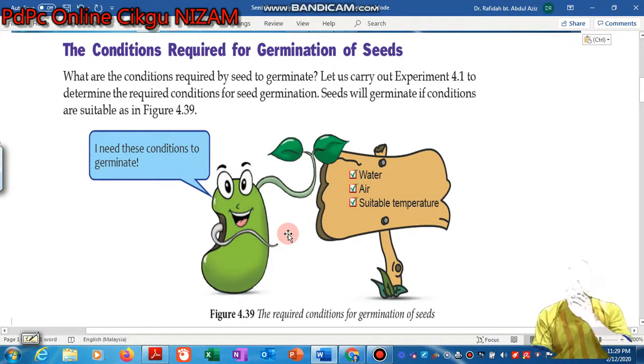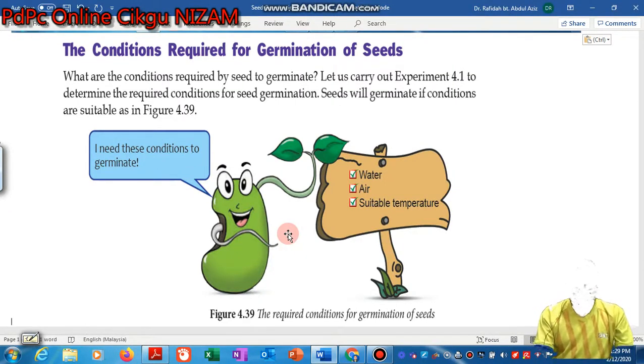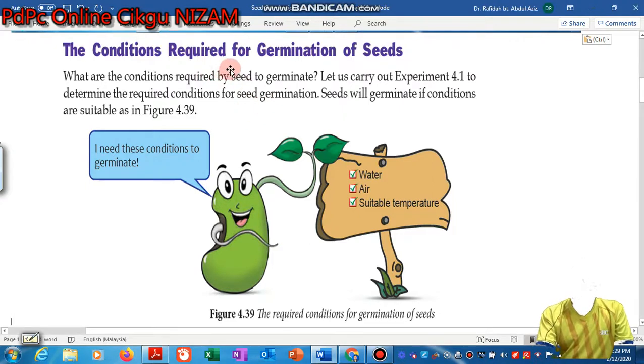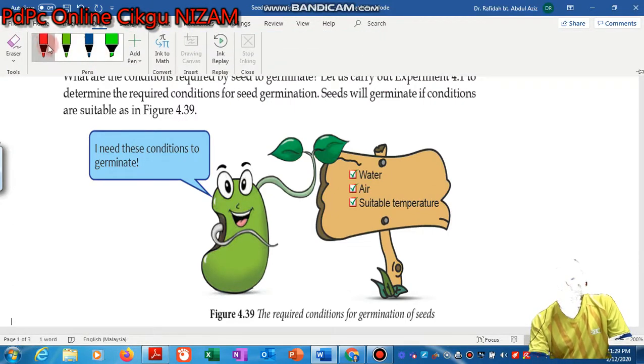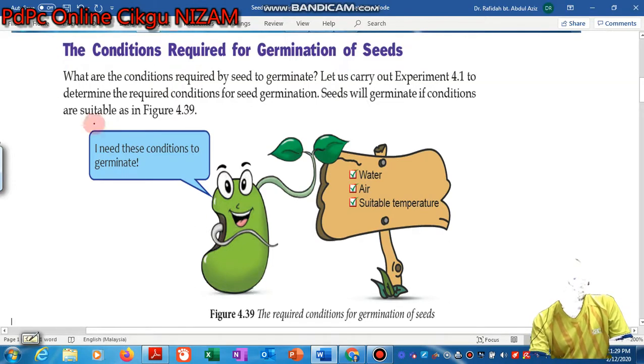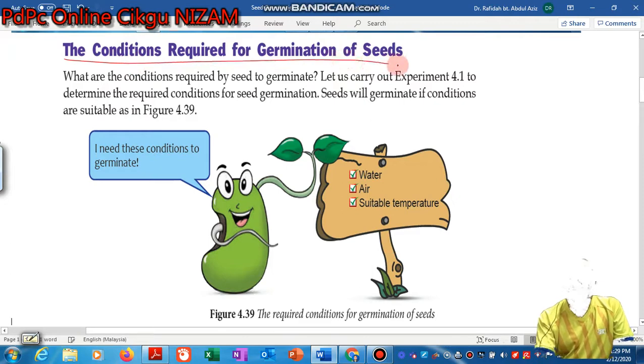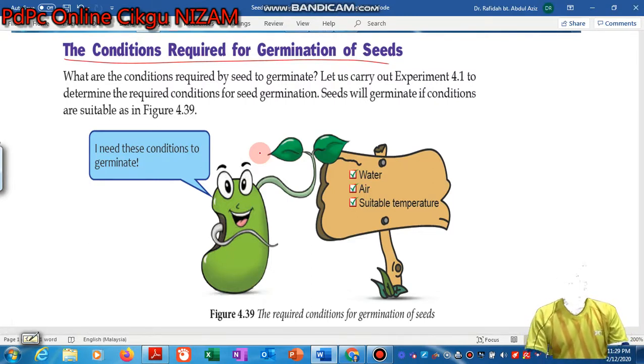Okay, after we have watched how seed germinate, now we will look into what is the condition required for the germination of seeds. So from this text, we want to know how seed can germinate. What is the condition required by the seed to germinate?